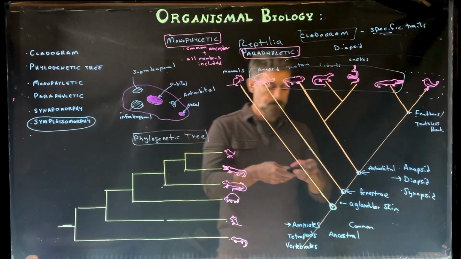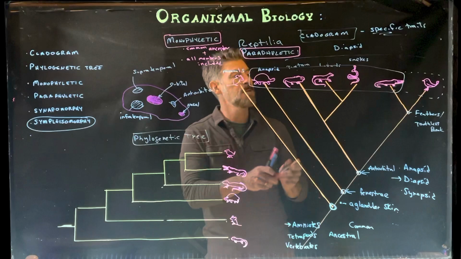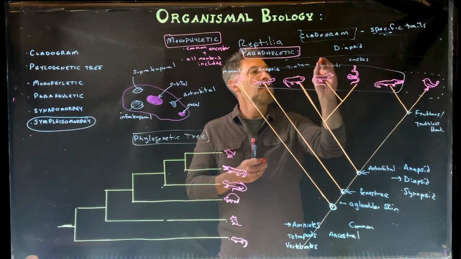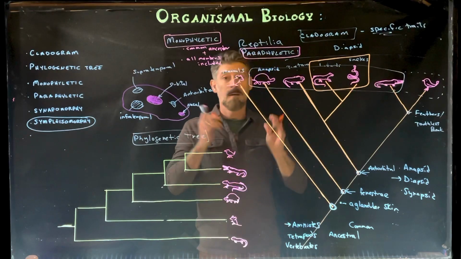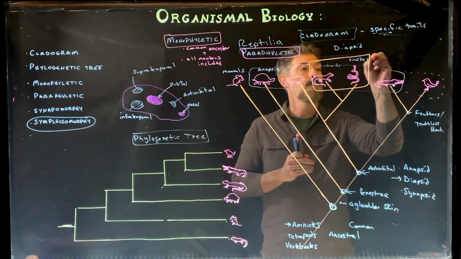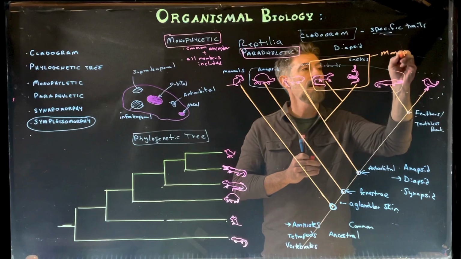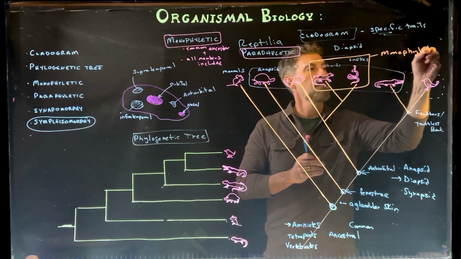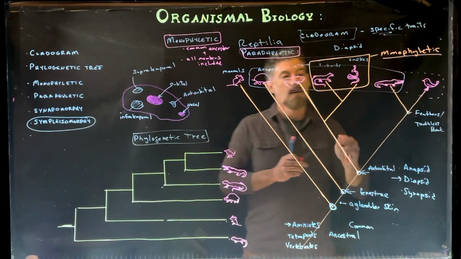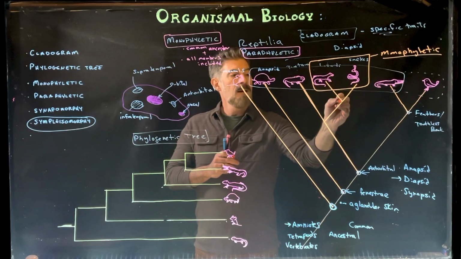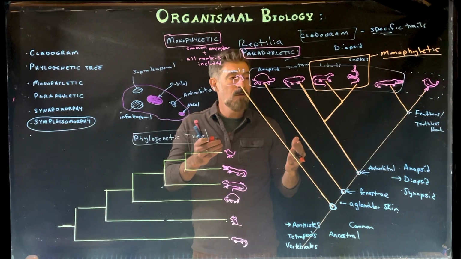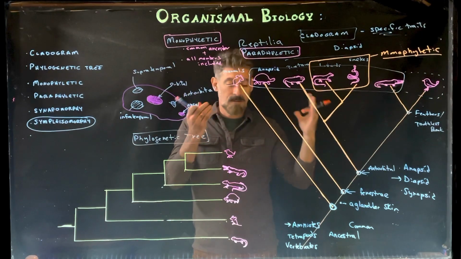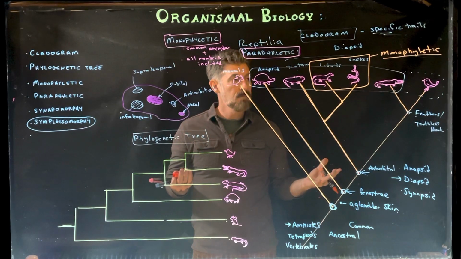So for example, I should give you an example of this because I haven't done it yet. Lizards and snakes, if we just consider them, they are a monophyletic group. Both members are there and they share a common ancestor. And nobody else should be in that group necessarily, and that's good. Okay.